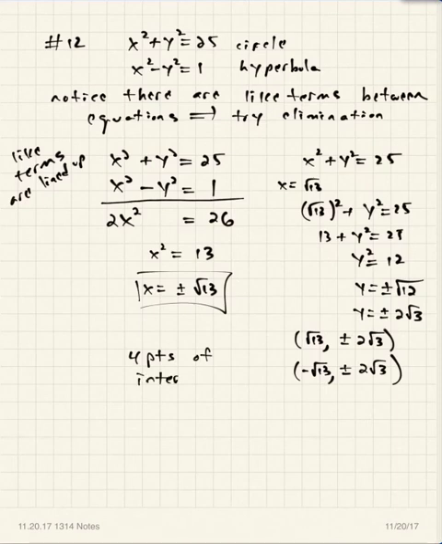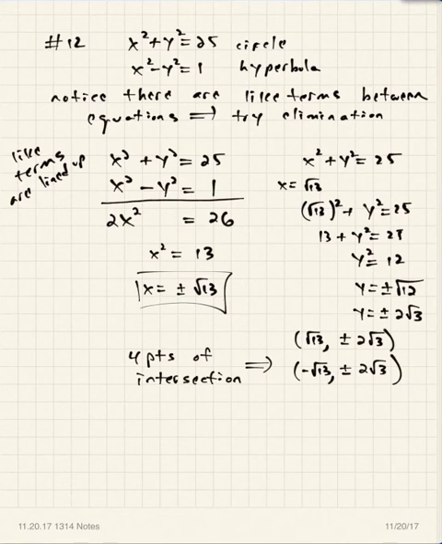And that agrees with what we thought about as far as the graphs in this case. So you end up with 4 points of intersection here. So the moral to the story here is that if you see like terms between the two equations, then frequently you can use elimination to solve the system.